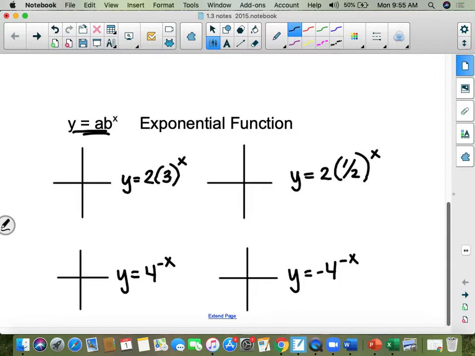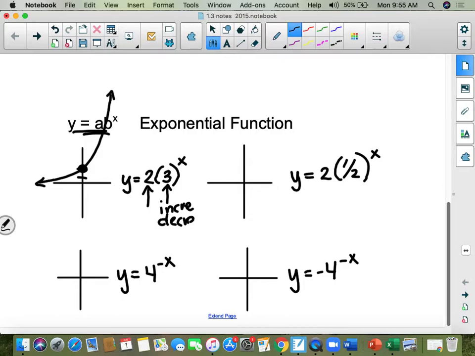Okay, let's graph the first one. This 2 is where you put your first dot on the y-axis. This 3 lets you know if it's increasing or decreasing. And since it's greater than 1, 3 is greater than 1, your graph increases. And I think by now, if you're in calculus, you should know what an exponential graph looks like.